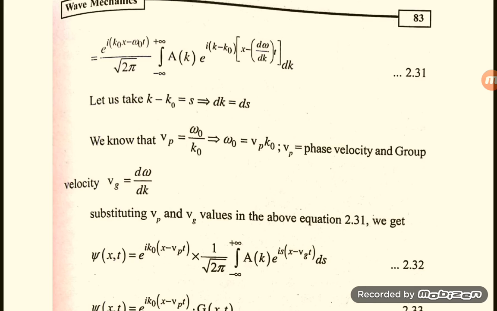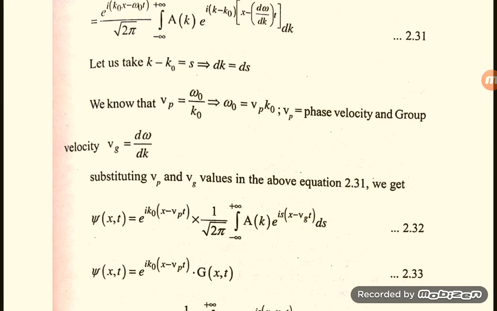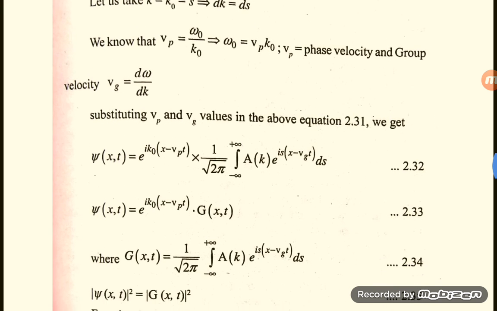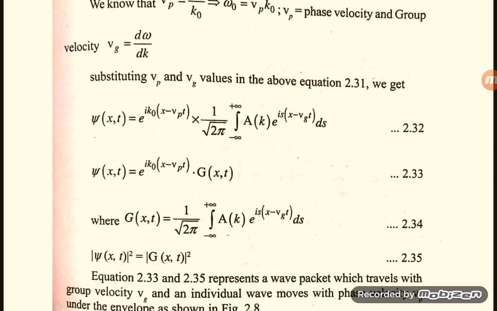Substituting the Vp and Vg values in the above equation, psi of x,t equals e power i k naught (x minus Vp t) into 1 by root 2 pi integral A(k) e power i s (x minus Vg t) ds. So psi of x,t equals e power i k naught (x minus Vp t) times g of x,t.